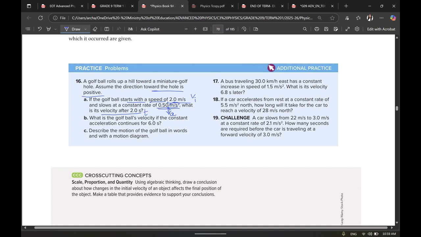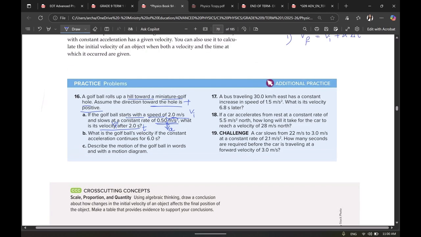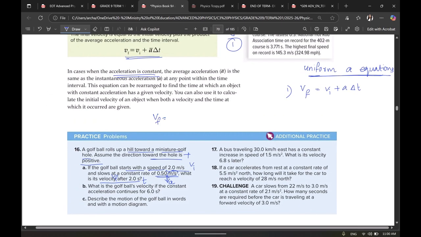The ball is rolling upward towards the hole, and that direction is taken as positive. After 2 seconds, what is its velocity, which is Vf? They are asking for Vf. As per our equation, Vf is equal to Vi plus a delta t, isn't it?